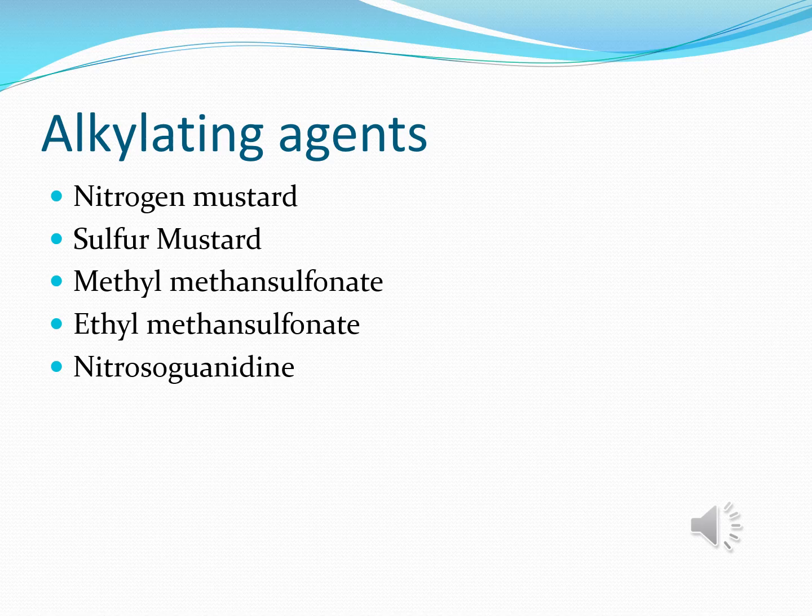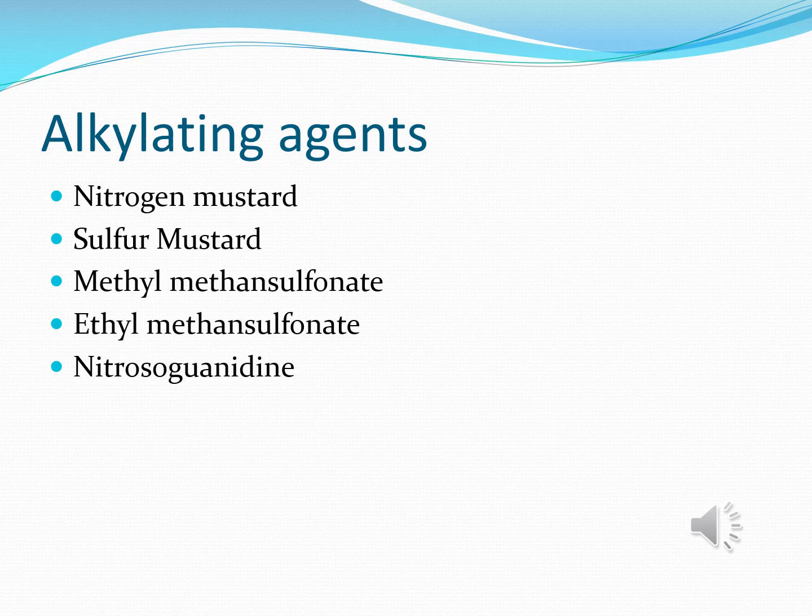Alkylating agents transfer alkyl groups, methyl or ethyl, to DNA bases. Examples include nitrogen mustard, sulfur mustard, methyl methane sulfonate, ethyl methane sulfonate, and nitrosoguanidine. These chemicals cause base mispairing, depurination, which is loss of bases, and strand breaks.